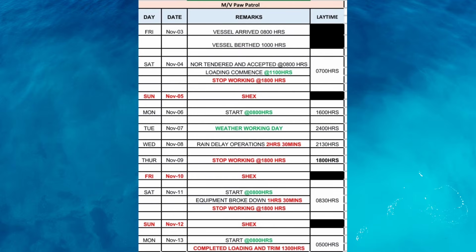So what we need to do now is do this step by step, because there's another interruption on Saturday. You're going to subtract 0800 hours from 1800 hours, and you're supposed to get 1000 hours.